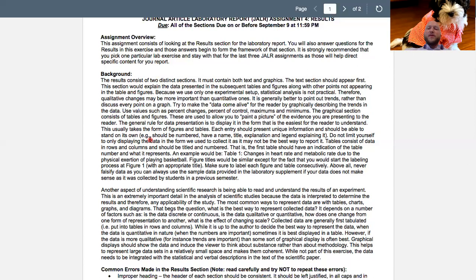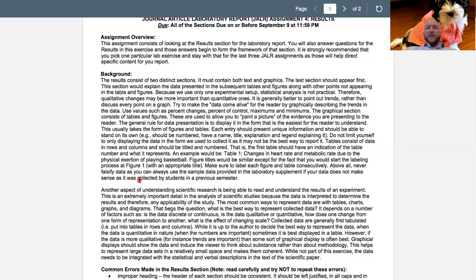It's labeled Figure 1 with title, changes in heart rate and metabolic rate due to physical exertion. And underneath it, there might be a sentence that further clarifies what's going on in that table or graph. So definitely give it a title, definitely label them Table 1, Figure 1. Definitely use your units. It should be a standalone graph.